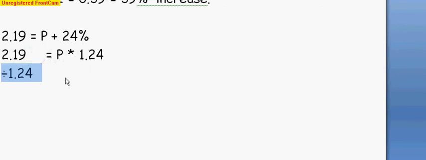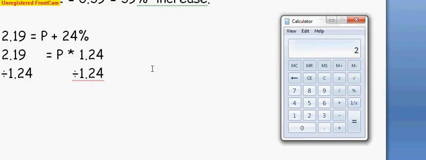Then the next thing that we have to do is divide both sides by 1.24. Let me make this a little bigger. So these guys would cancel, and then we have to get our calculators and do 2.19 divided by 1.24, and we get 1.766.